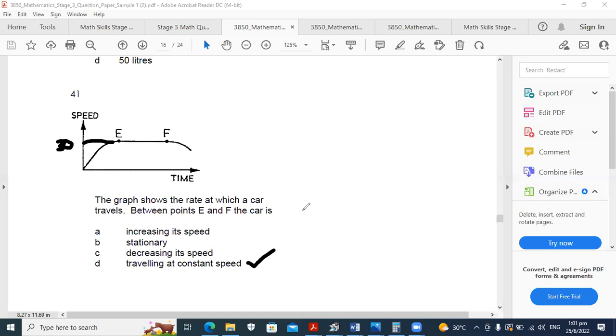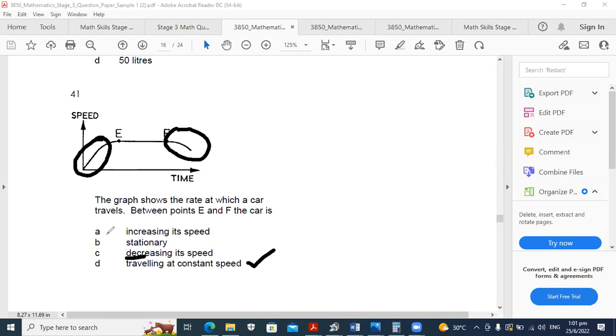All right. Increase in speed? No, you wouldn't see that. Let me show you which part is an increase. Right here, the car is increasing its speed. And right here, the car is decreasing.